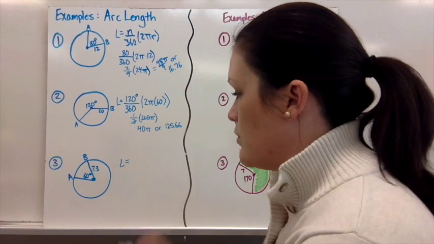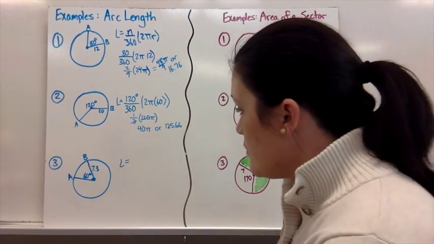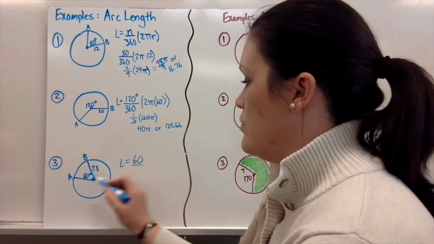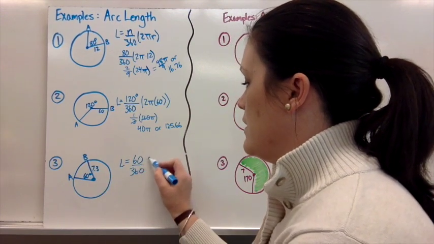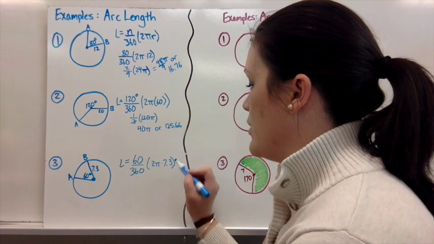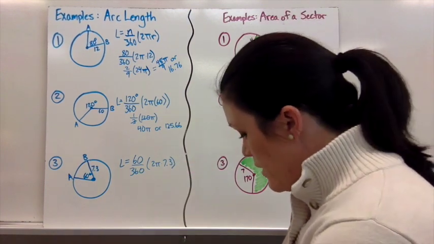These all clearly work very similar to one another. They're pretty straightforward. So you have 60 as your central angle divided by 360 times 2 pi r, and r in this case is 7.3. So it was a decimal, which is fine.